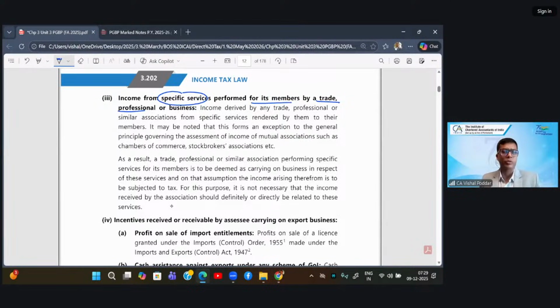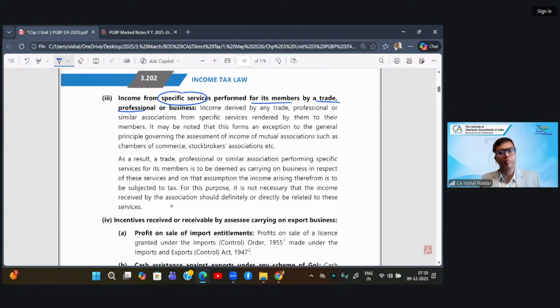Because a trade association, or let us say a professional body like ICI or IMA or Bar Council, or even other such trade or professional associations, they are generally formed as a not-for-profit association. And when they are performing any such activity, their intent is never to earn profit or do it as a business. But under income tax, as we studied above, we are not concerned with your intent or purpose.